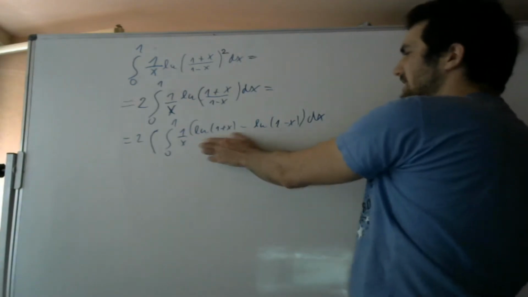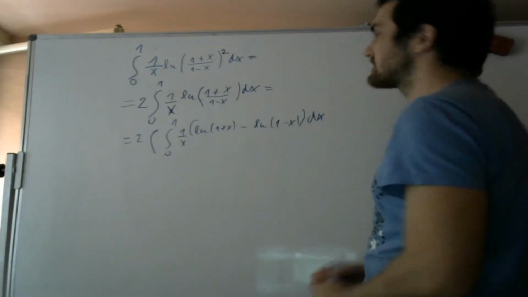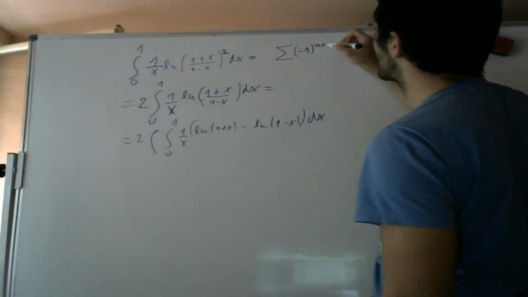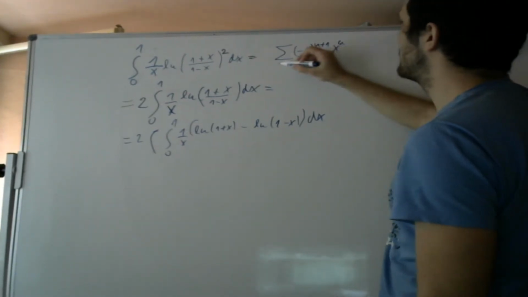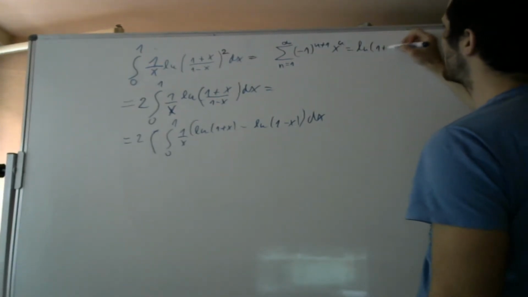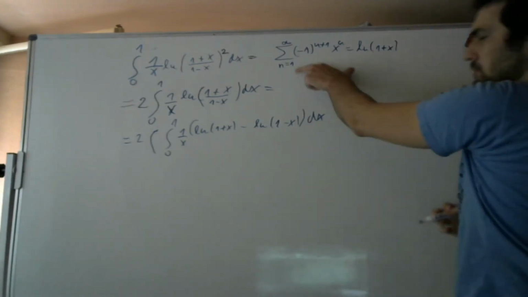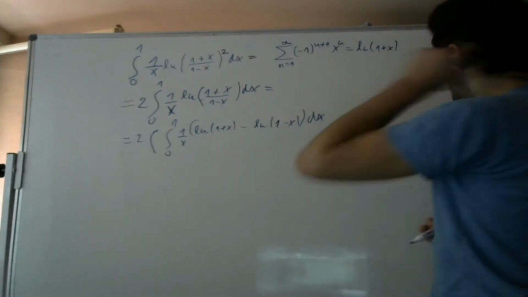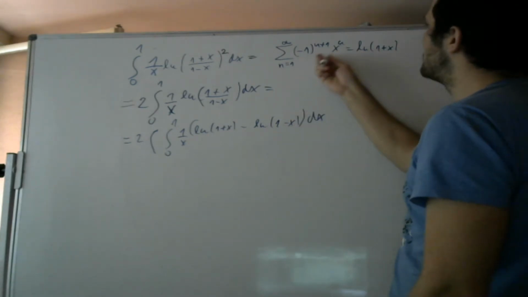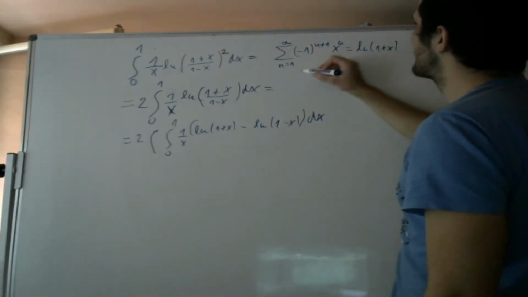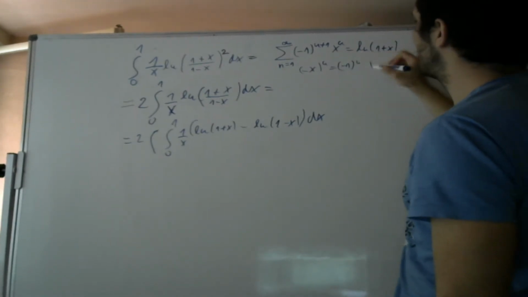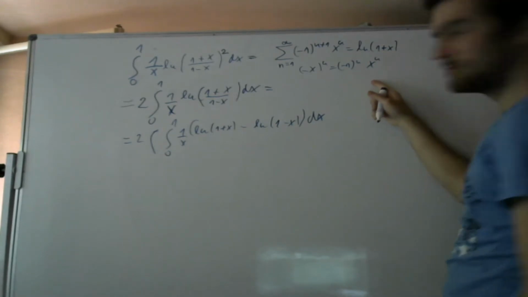We will expand the logarithms into their summation form. For ln of 1 plus x, we get the sum of (-1)^(n+1) x^n over n, where n goes from 1 to infinity. If we use the same thing for the other one, putting negative x instead, you get (-x)^n, which is the same as (-1)^n times x^n.